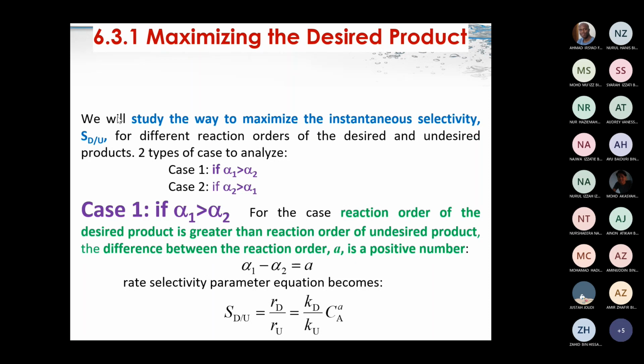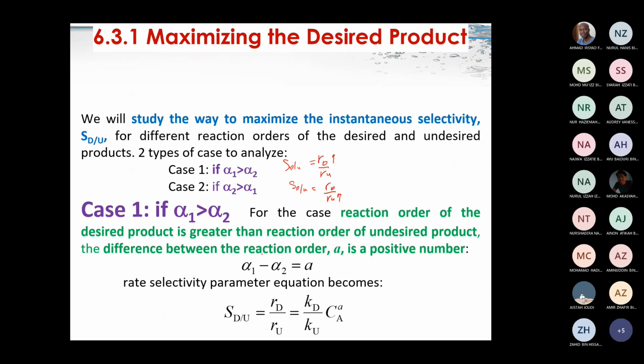Okay, so there are two cases. Case 1, if alpha 1 is greater than alpha 2, meaning the top one is larger than the bottom one. And then if alpha 2 is greater than alpha 1, it means RU is higher. So in case 1, the reaction order of the desired product is greater than the reaction order of the undesired product, so the difference between the reaction orders, a, should be positive.